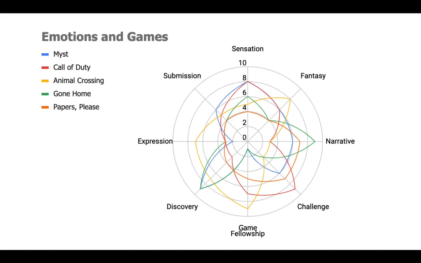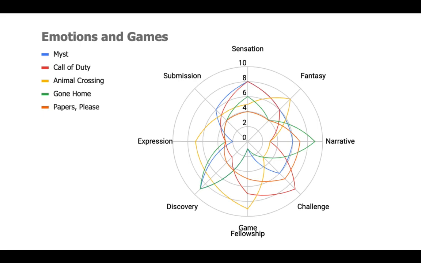With this, I find that these radar charts are pretty useful because ultimately a particular game is going to hit all of these elements to a certain degree, but it's kind of a limited area that a game can play with.